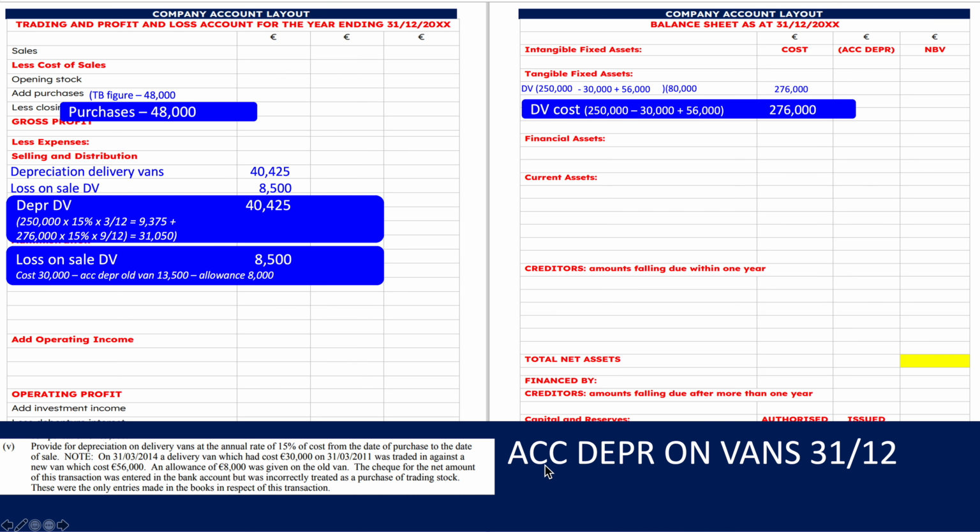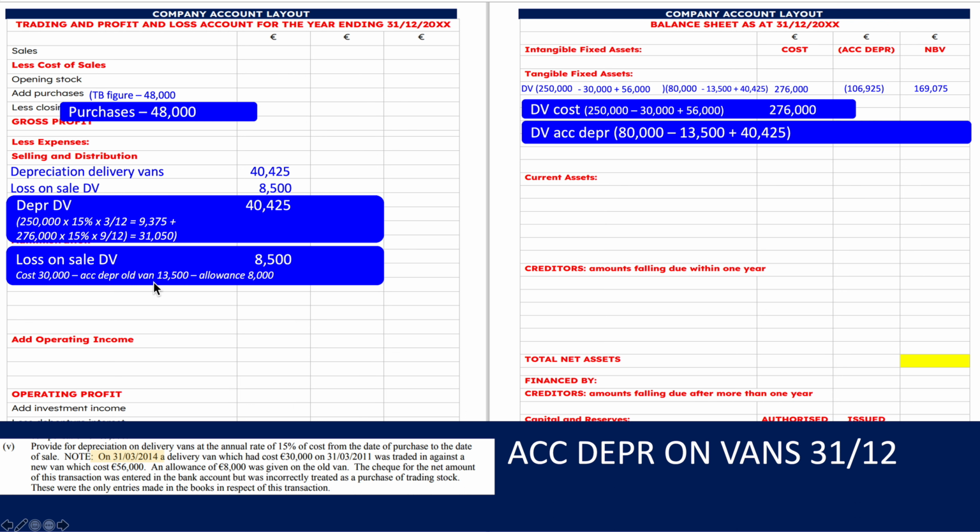Last thing we have to do then, accumulated depreciation on vans on the 31st of the 12th. So we will have three figures here. We need to minus the accumulated depreciation on the sold van, which was 13,500, and we need to add the depreciation charge for the year, and that gives us 106,925.